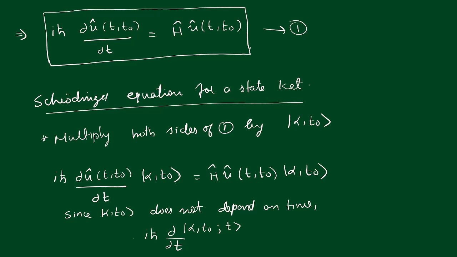So this is equal to H cap, again doing the same thing here, acting on the state that had alpha at time t0. Okay, so this is the Schrodinger equation obeyed by your state ket.